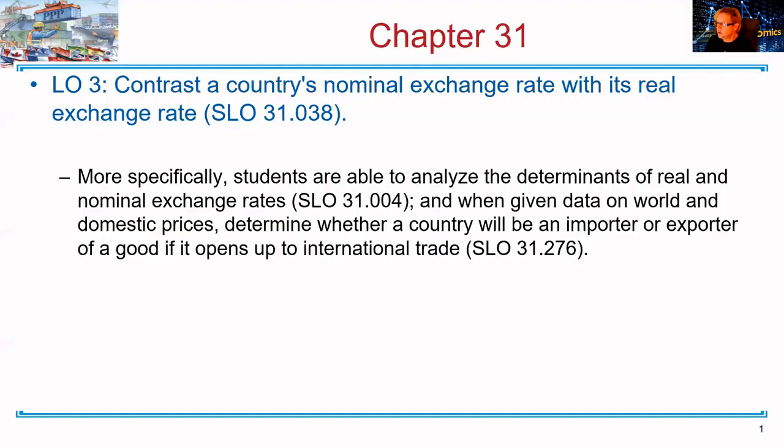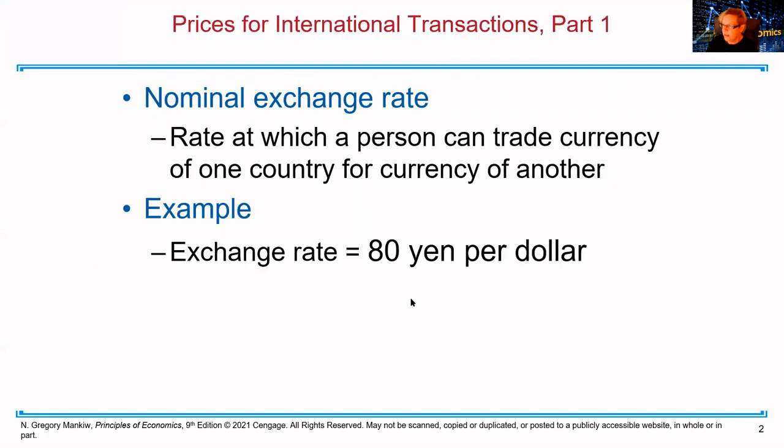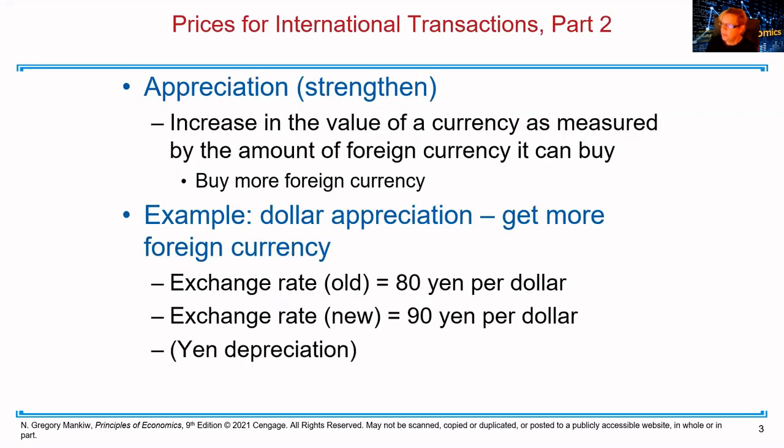Okay, so taking a look at the determinants of the real and nominal exchange rate. The nominal exchange rate is basically how we can trade one currency for another. So if we have the exchange rate of the US dollar, $1 equals 80 yen. Now, an appreciation basically means an increase in the currency.